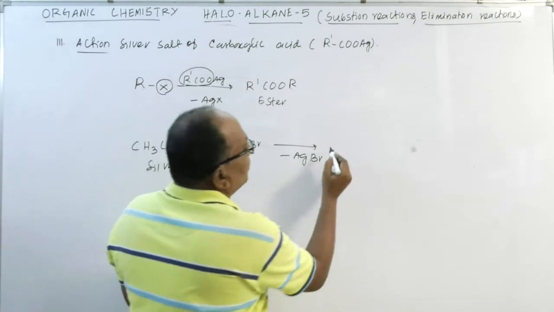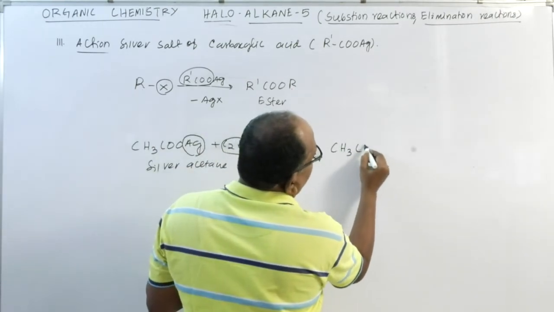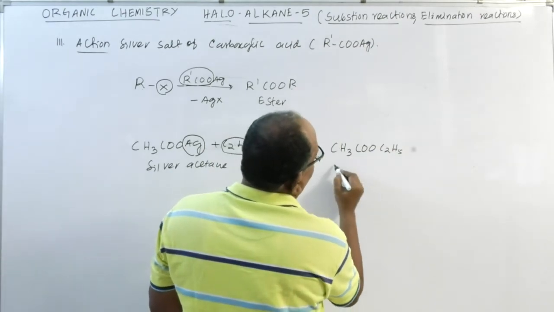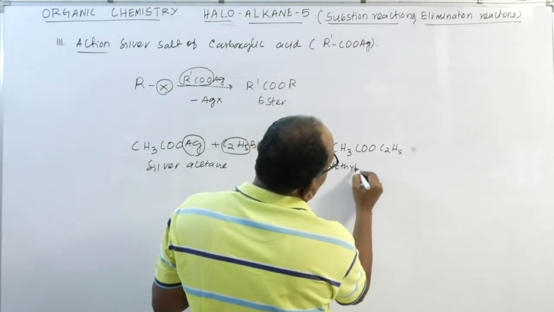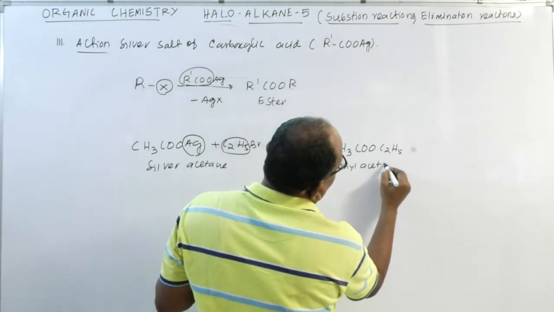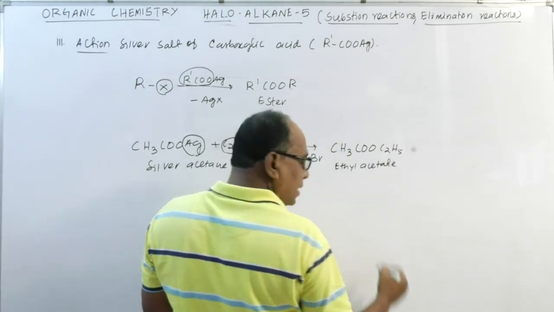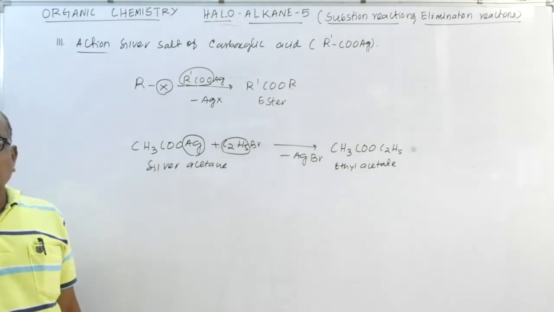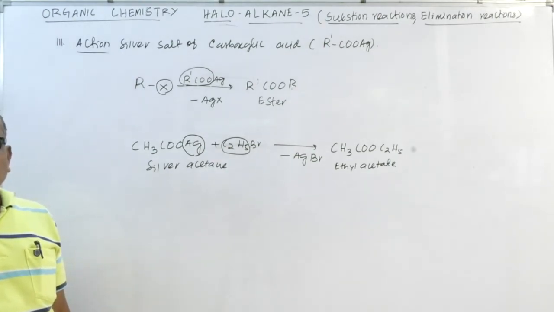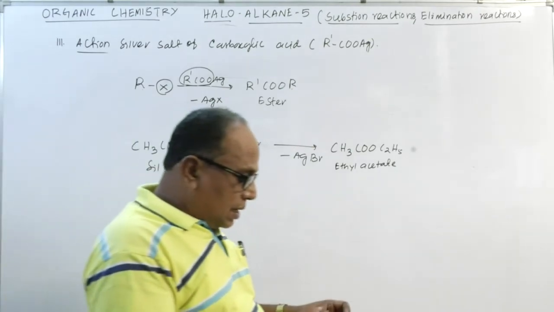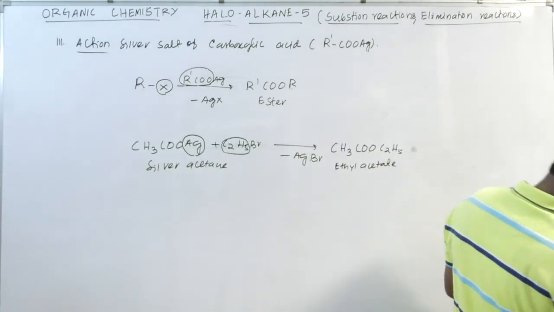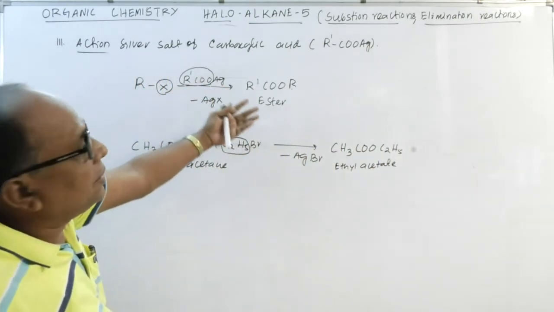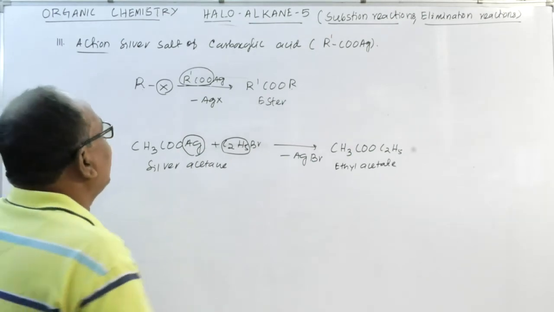So it becomes CH3COOC2H5. So this is called ethyl acetate. It is one of the esters. Okay, students, now this is the action of alkyl halide with the silver salt of carboxylic acid.